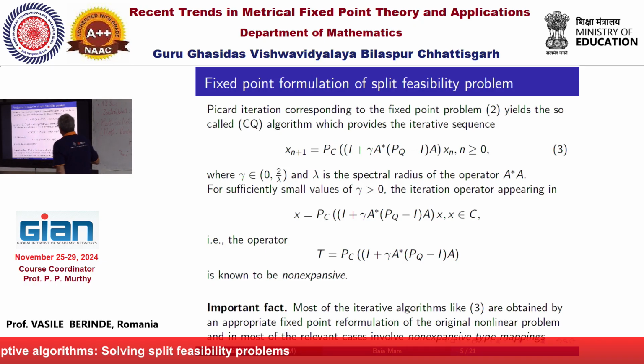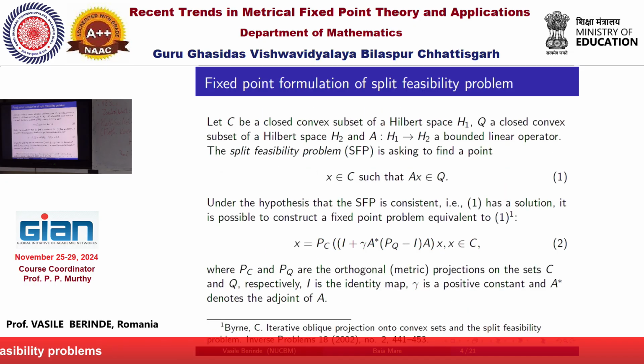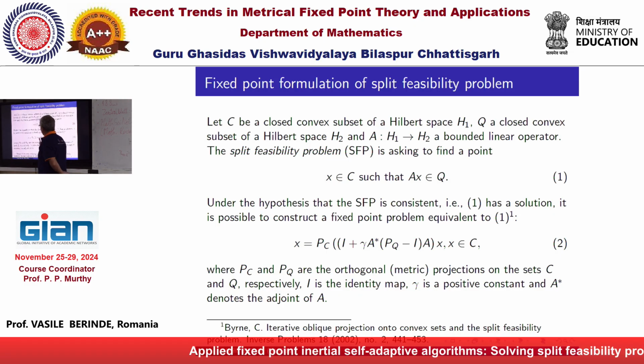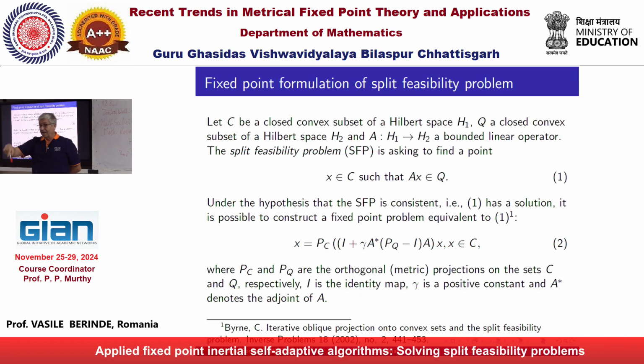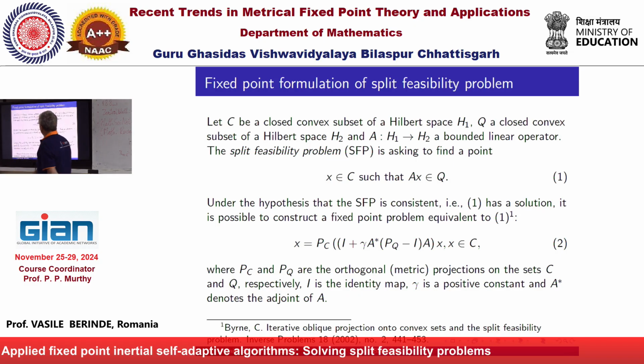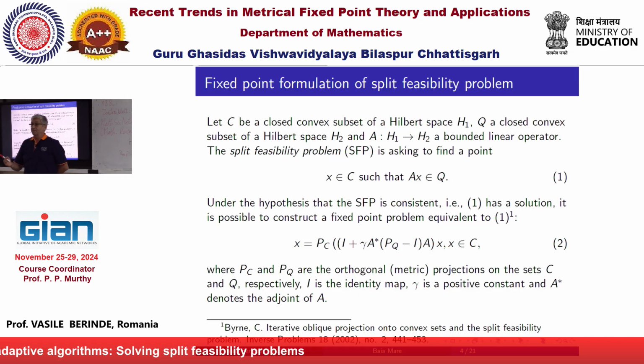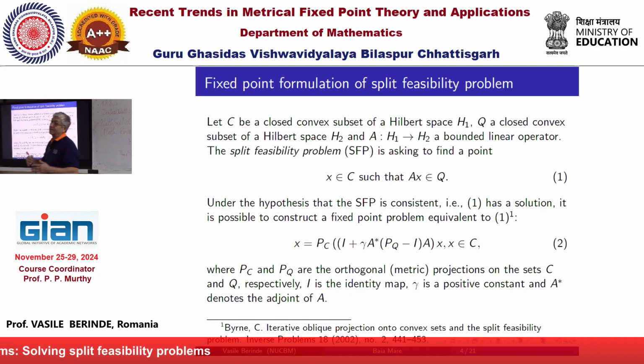So, look, we started from a problem where we have nothing about non-expansiveness, nothing. It's just sets, closed convex. But as I mentioned in the last slides of the previous presentation, the orthogonal projection is a non-expansive map. Actually it is firmly non-expansive.